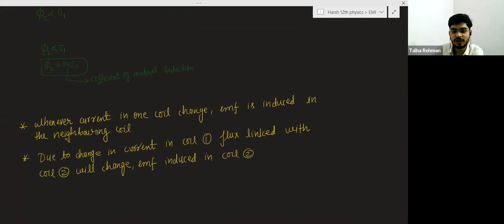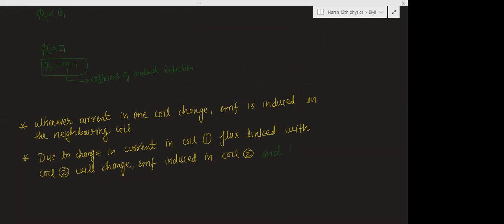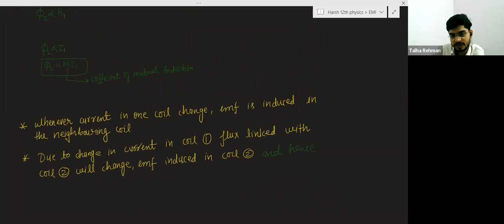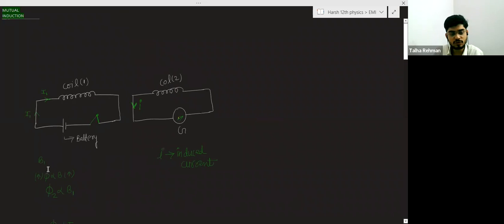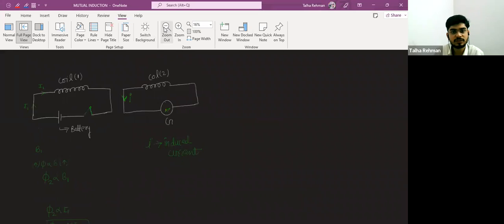EMF will be induced in coil 2 and hence induced current will be there in coil number 2. So this is the process of mutual induction.